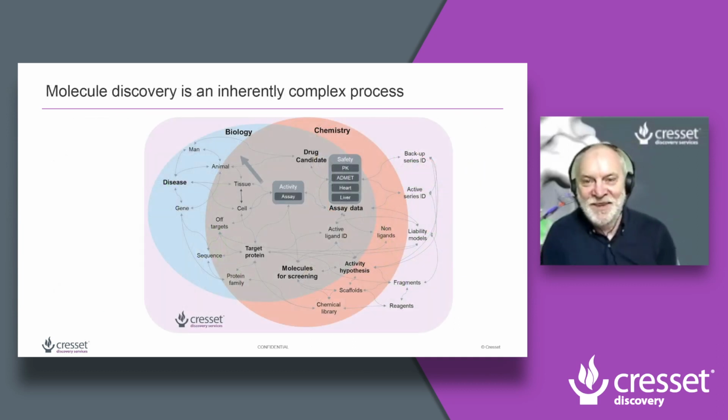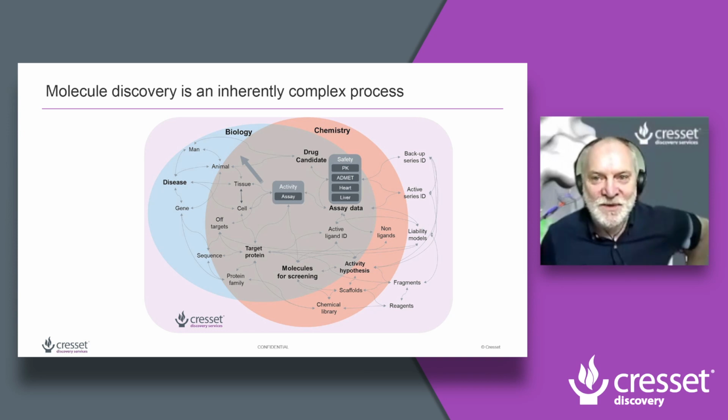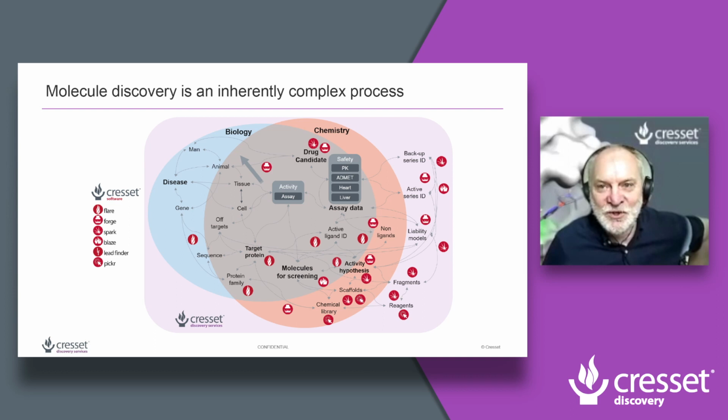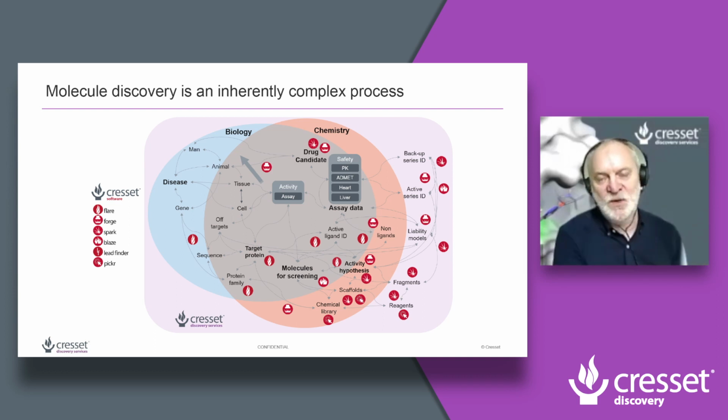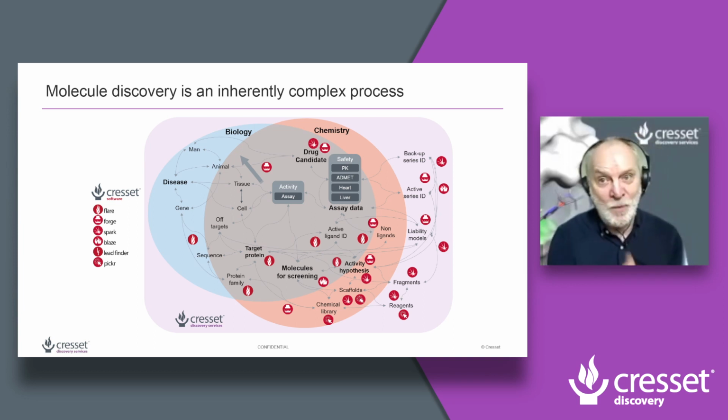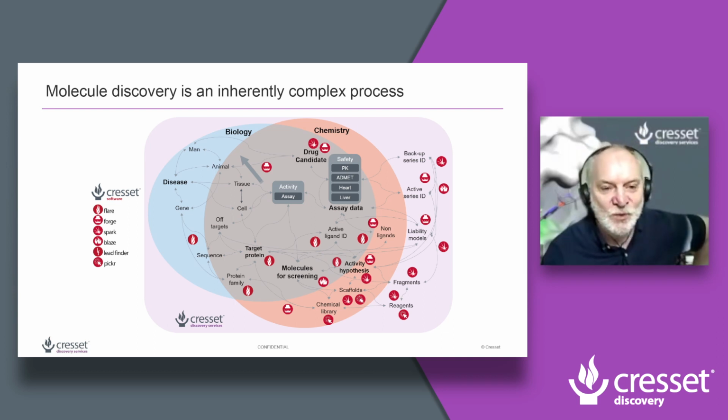So back to this picture that I promised we'd go back to and have a look at. This slide just shows you little icons that are representative of the software that we use. We sell the software. In Discovery Services, we use and apply the software in a drug discovery or molecular discovery environment. These are some of the areas in which those different tool sets are deployed across this discovery network, if you like.